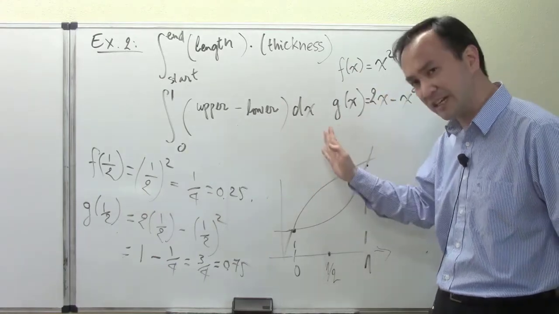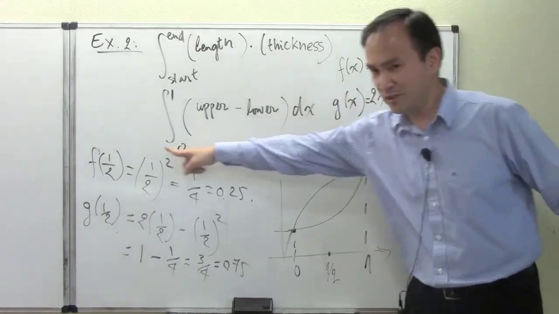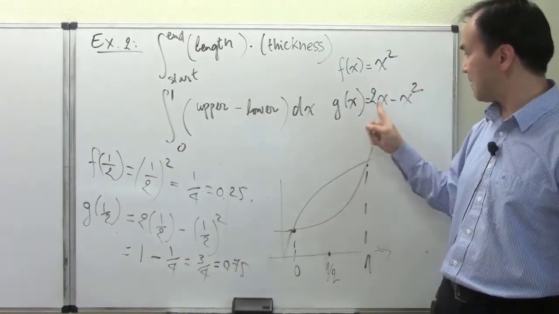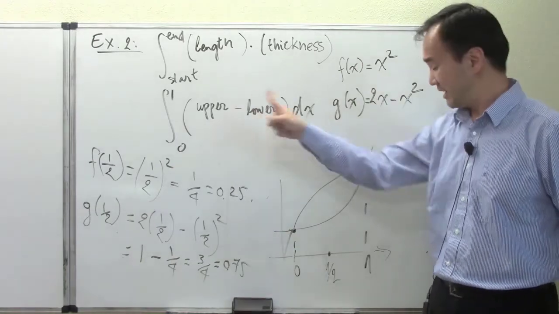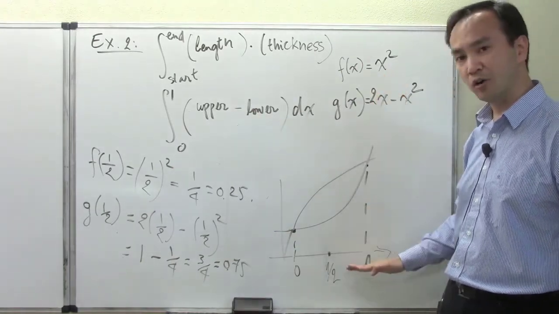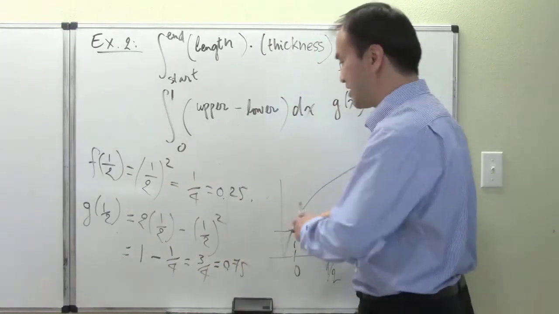The idea is who's the upper one and who's the lower one. After we made the judgment here, the upper one in this case is 2x minus x squared, and the x squared is the lower one. That's the way we are deciding.